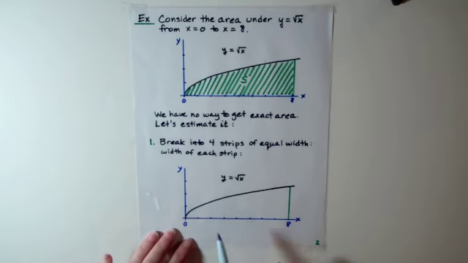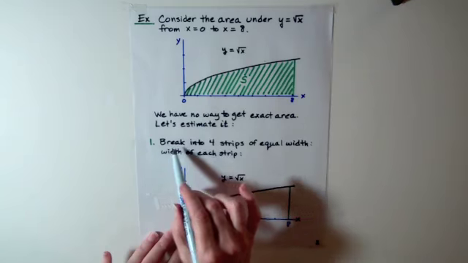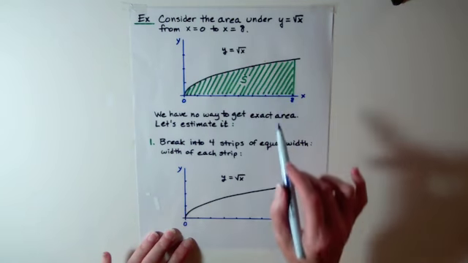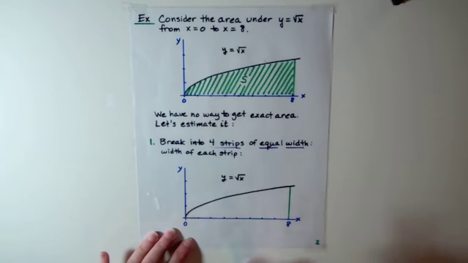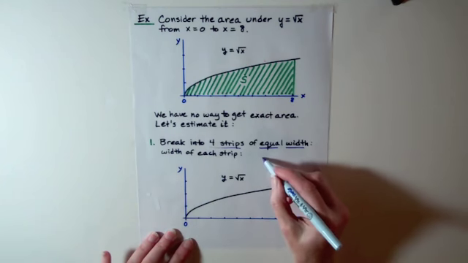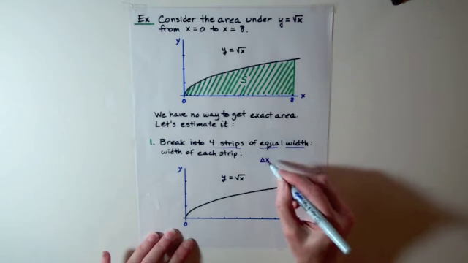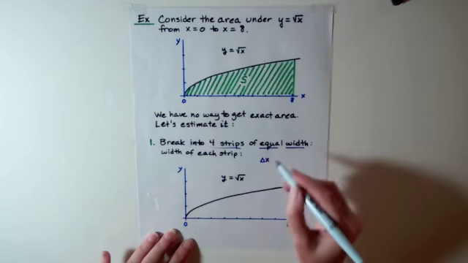Okay, first of all, I'm going to go ahead and break this green area up into 4 strips that all have equal width. So I want to break the interval from 0 to 8 into 4 equal length strips. Usually we call the width of each strip delta x because it's a change in the x value.